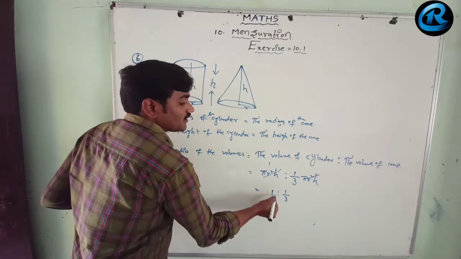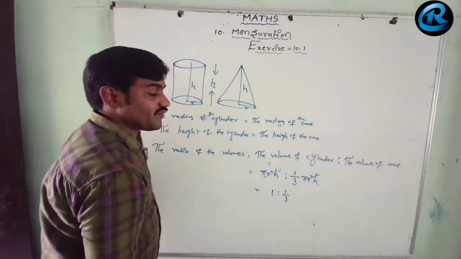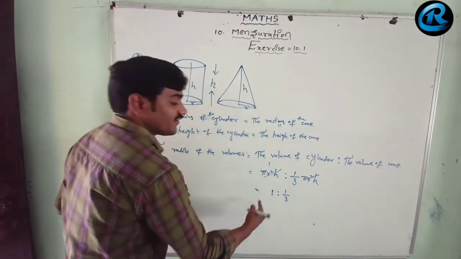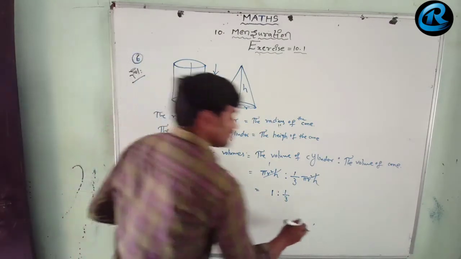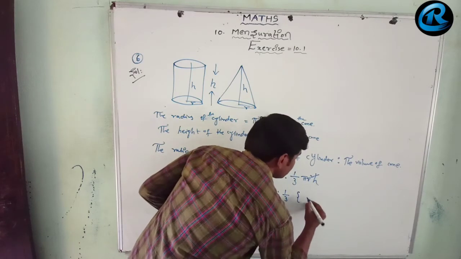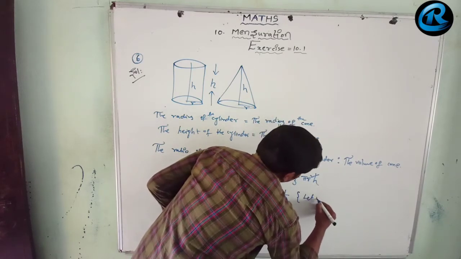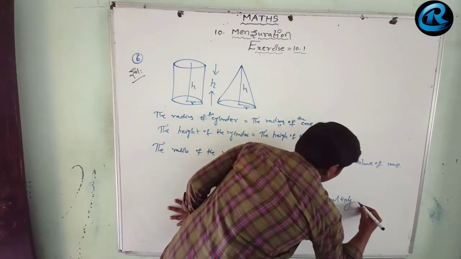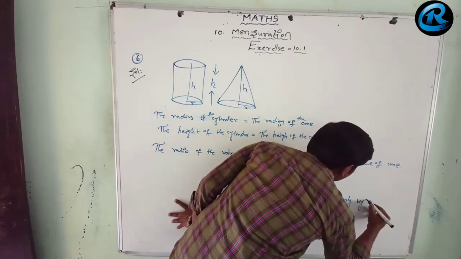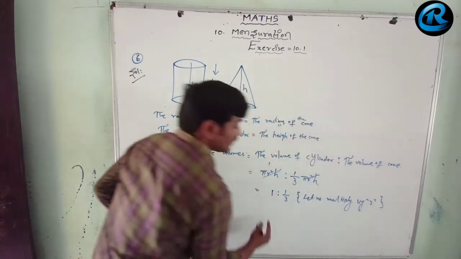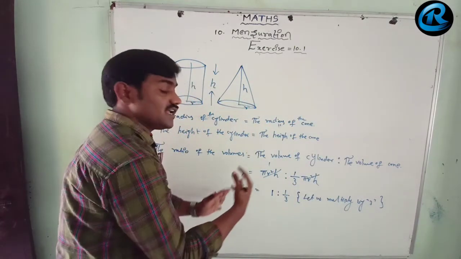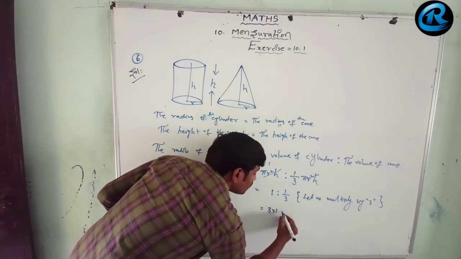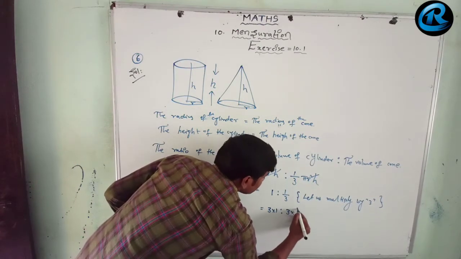But see, the ratio should not be shown in fractional form. So let us multiply by 3 for both terms, the first term and the second term, the antecedent and consequent. 3 into 1 is to 3 into 1/3.